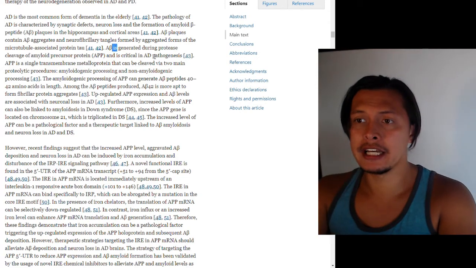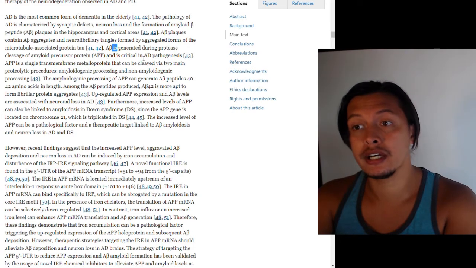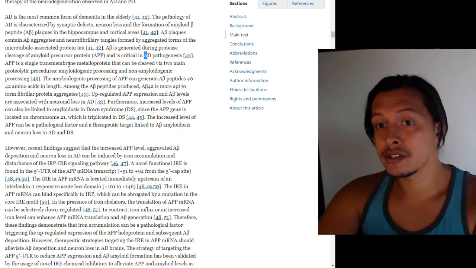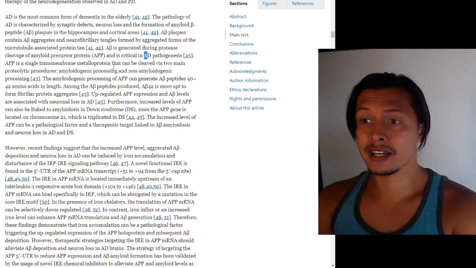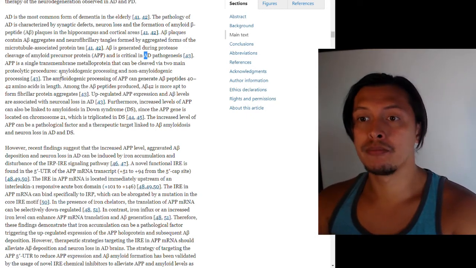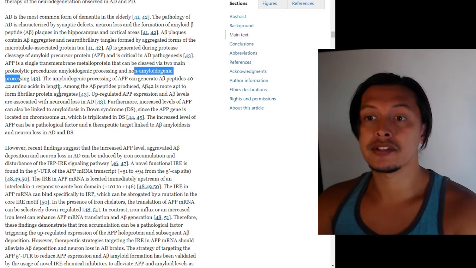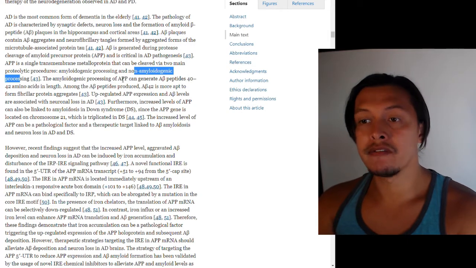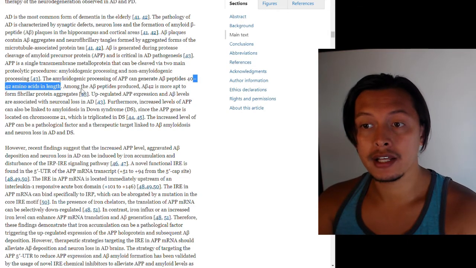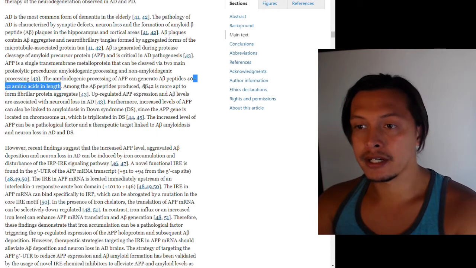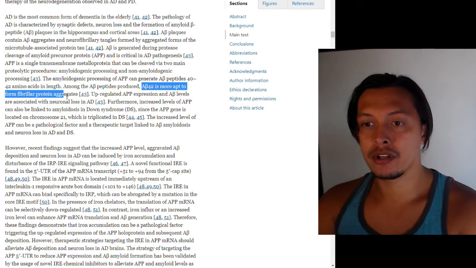So amyloid beta is generated during protease cleavage of amyloid precursor protein, APP, and is critical in Alzheimer's disease pathogenesis. APP is a single transmembrane metalloprotein that can be cleaved through two main proteolytic procedures: amyloidogenic processing and non-amyloidogenic processing. The amyloidogenic processing of APP can generate amyloid beta peptides 40 to 42 amino acids in length, and among the amyloid beta peptides produced, amyloid beta 42 is more apt to form the fibrillar protein aggregate.